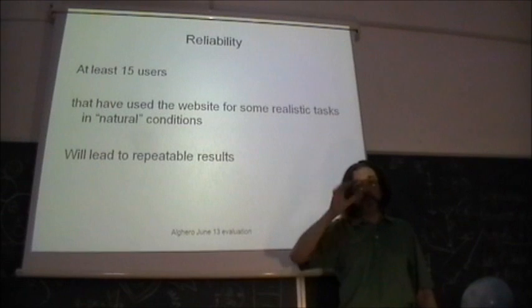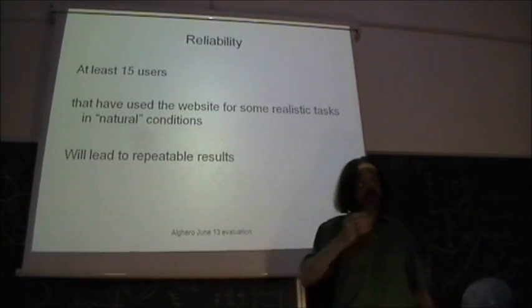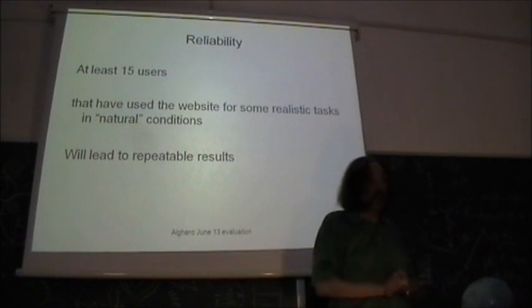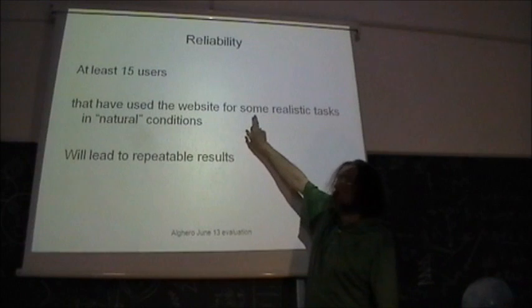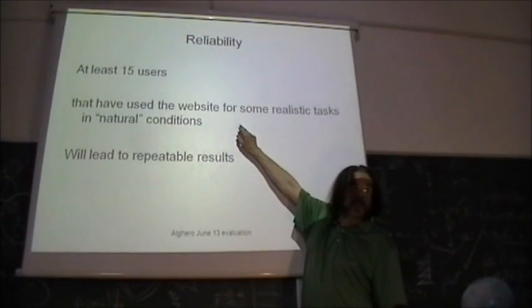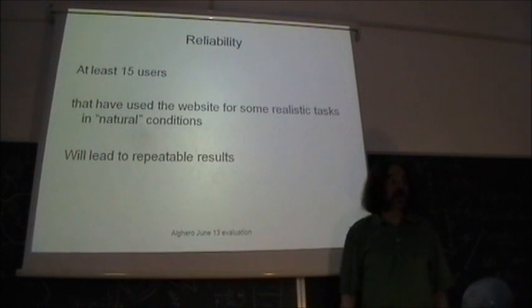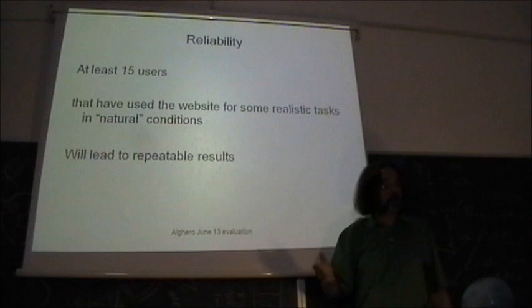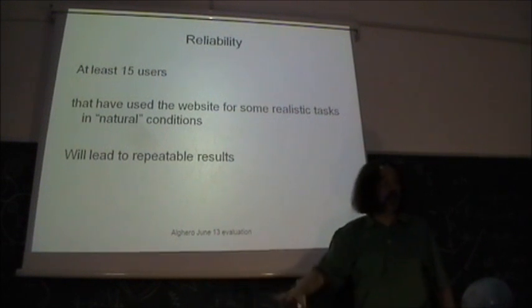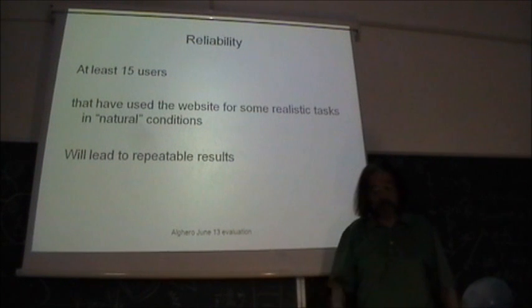So this should be people who really want to rent a car, or really want to find out with the club where they could have a nice holiday. And if you do it with at least 15 real users with a serious user goal, then you would have repeatable results. And repeatable results is my definition of a reliable result, which means if you would find 15 other users, the result will be the same. Right? So this is what we are trying.